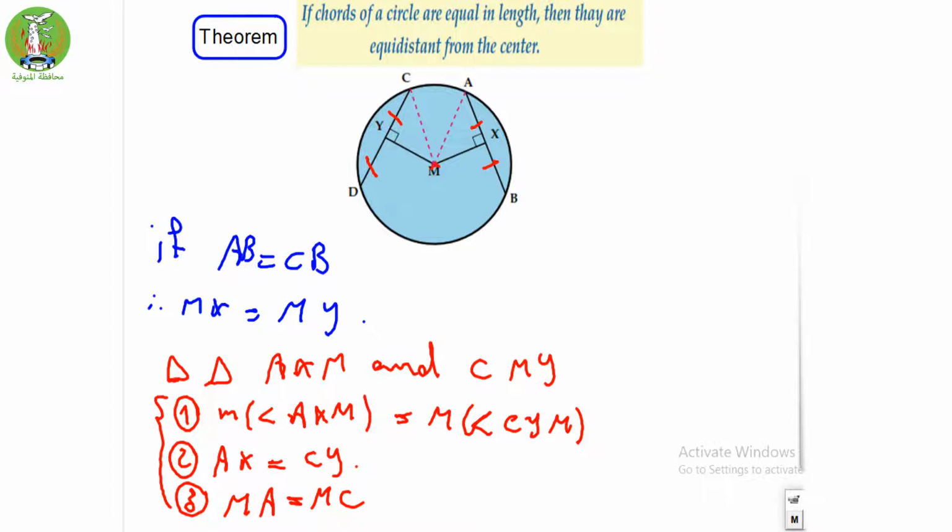Because MA and MC are two radii in the circle, equal R. So the two triangles are congruent, and we deduce that MX equals MY. Then we can see that if the two chords in the circle are equal in length, then the two distances are equal in length. Okay?